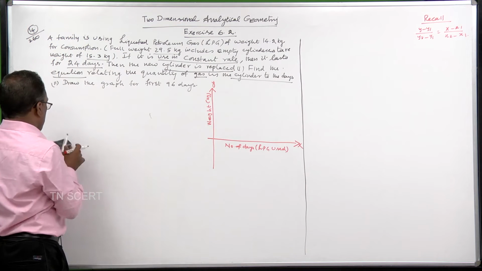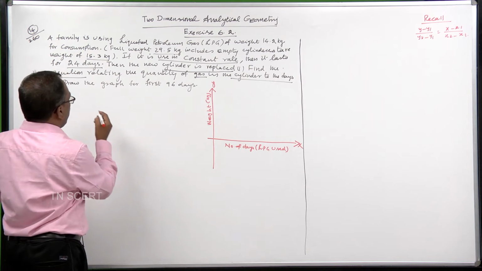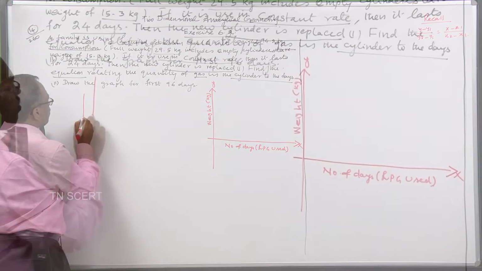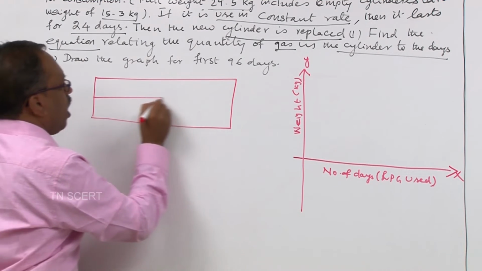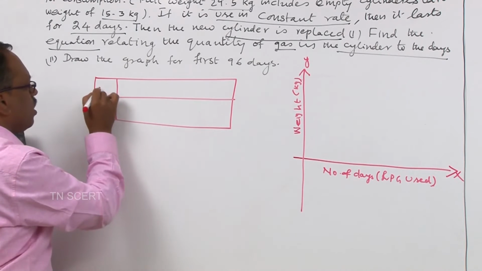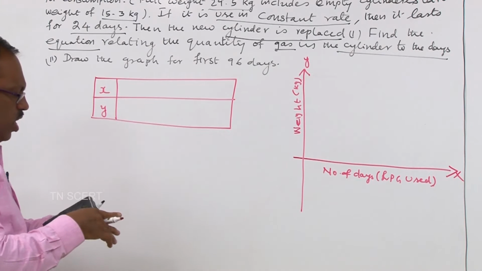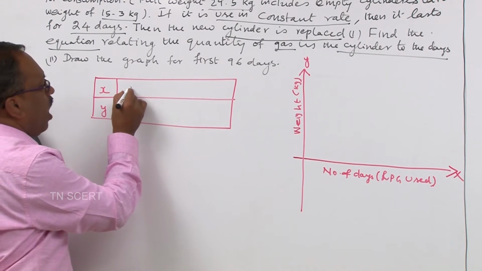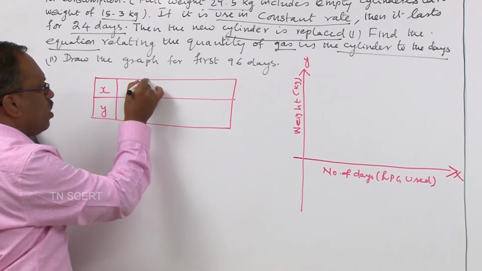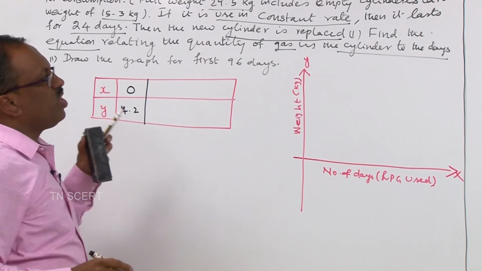Before formulating this problem, let me take what happens when the cylinder is full. Initially x is 0, and by then the cylinder weight is 14.2 kg.